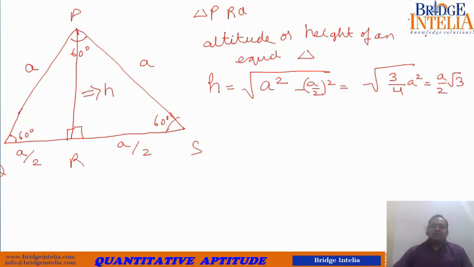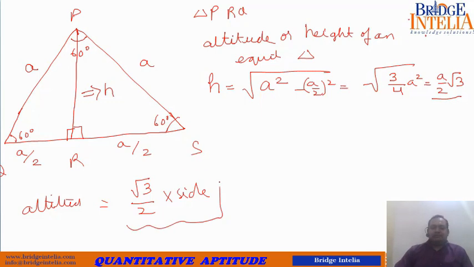So this is a ready-made formula. You can use this as a ready-made formula, that the altitude of an equilateral triangle is equal to root 3 by 2 into side, because a is the length of a side. So this can be taken as an available ready-made formula. Now let's see what else. Now you know the value of the altitude can be written as root 3 by 2 into side.